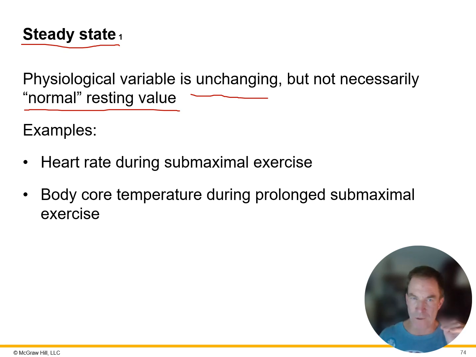You can get there a little faster, say two. Of course, the bigger the difference between resting and the new level, the longer it takes to get to that steady state. That's what's interesting about the body. It can have a higher heart rate, but it'll keep that heart rate for that given running speed. Or the body temperature will rise, but be maintained for that particular condition.